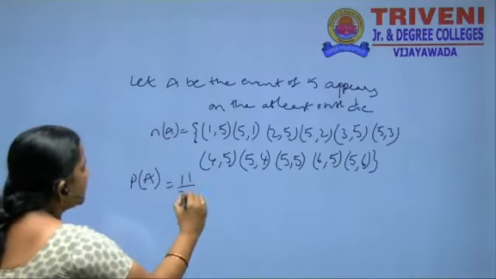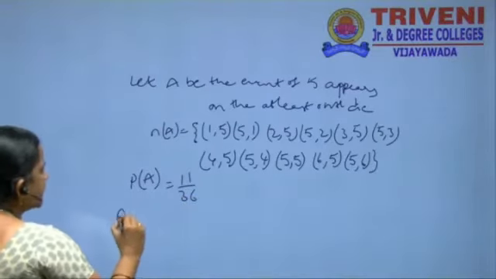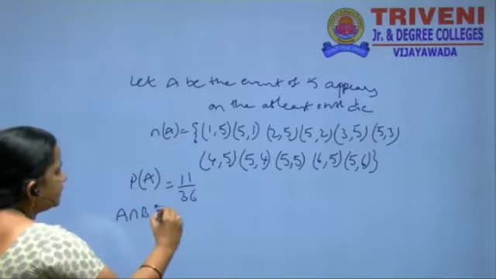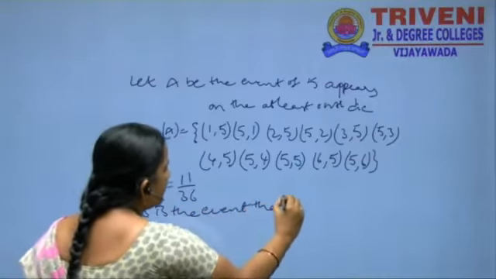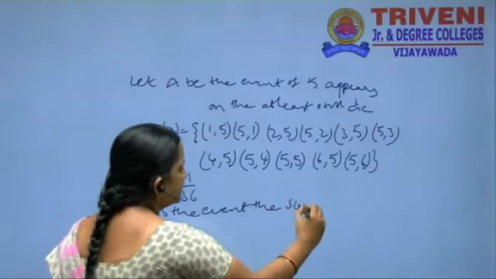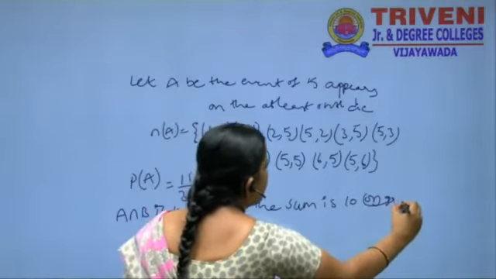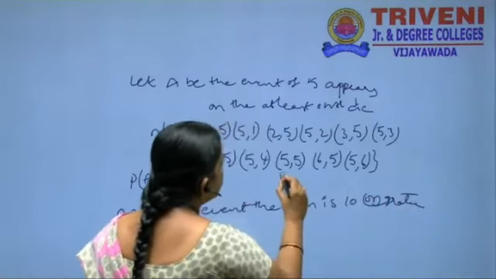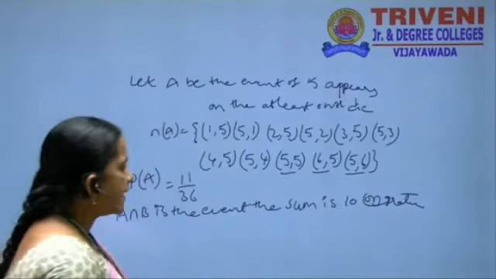By total number of chances is 36. Here A intersection B is the event of the total of the dice having a sum of 10 or greater. 10 or greater means how many chances are there? 5 comma 5, 6 comma 5 and 5 comma 6.